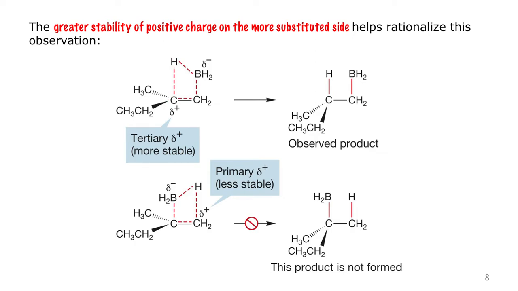So you can imagine two different possible transition states, here with the boron added to the less substituted carbon, and here with the boron added to the more substituted carbon. That partial positive charge would be more stable on the carbon with more alkyl groups added to it, for reasons we've discussed previously, hyperconjugation and the like. So again, it seems that electronics is also steering us to this regiochemistry where the boron is adding to the less substituted carbon.